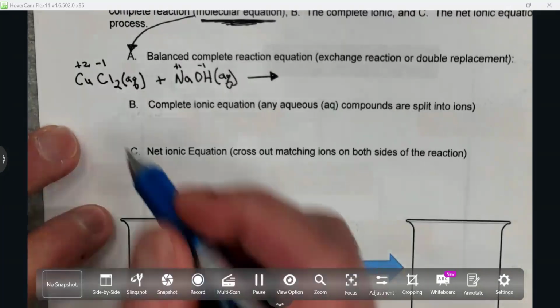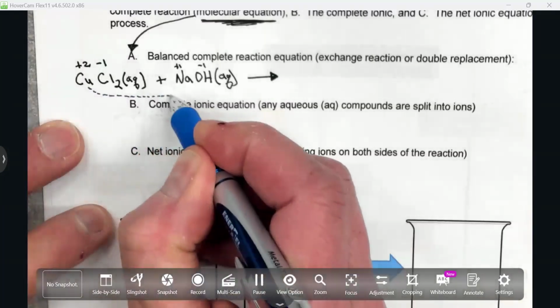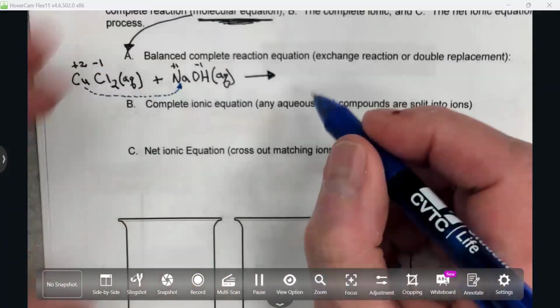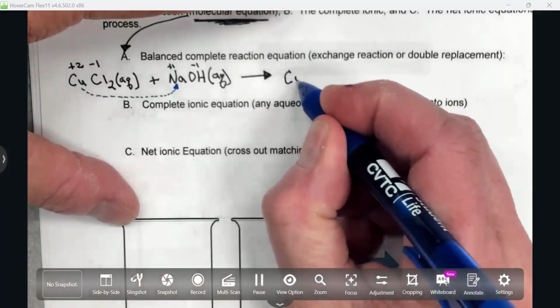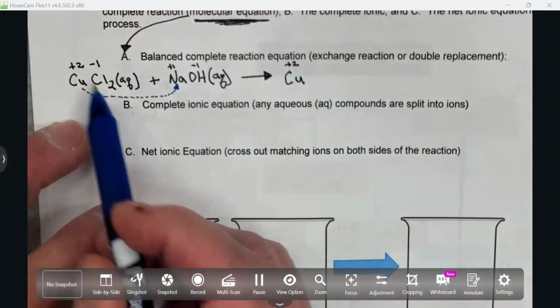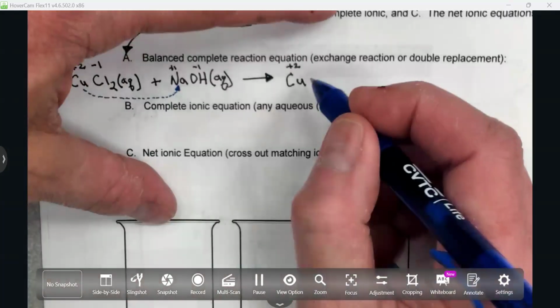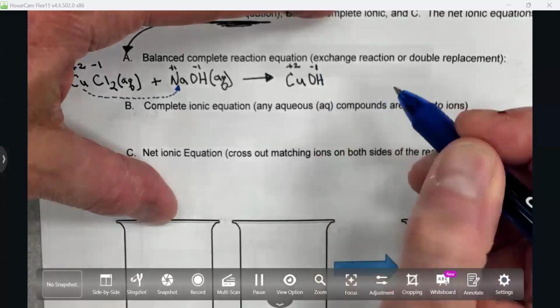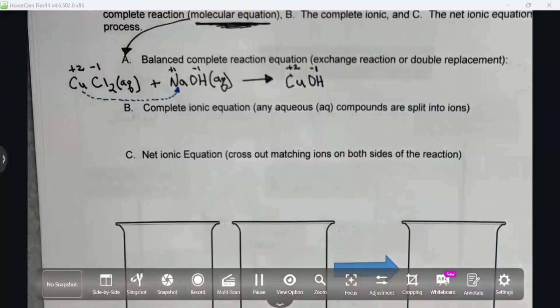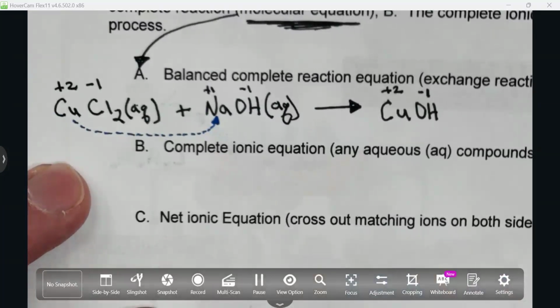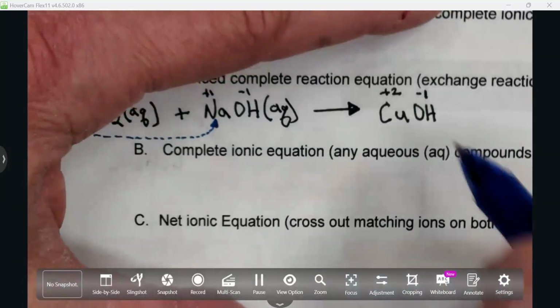We're going to switch the positives. Copper is going to take the place of sodium, so we're going to have copper with a +2 charge, and hydroxide, OH -1. So we're going to need 2 hydroxides, right? 2 OHs. We need to put parentheses around that.